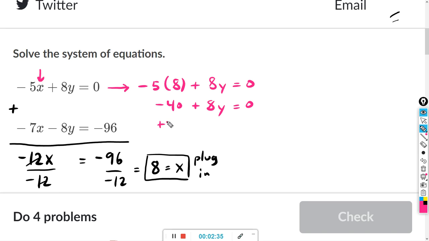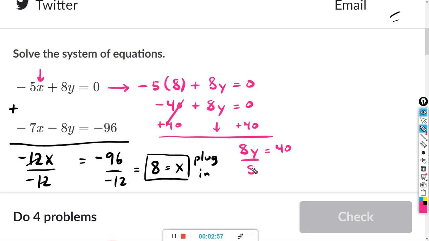Adding 40 to both sides. 40 minus 40 cancels. Okay, we bring down the 8y, and that's going to equal 0 plus 40. 0 plus 40 is just 40.